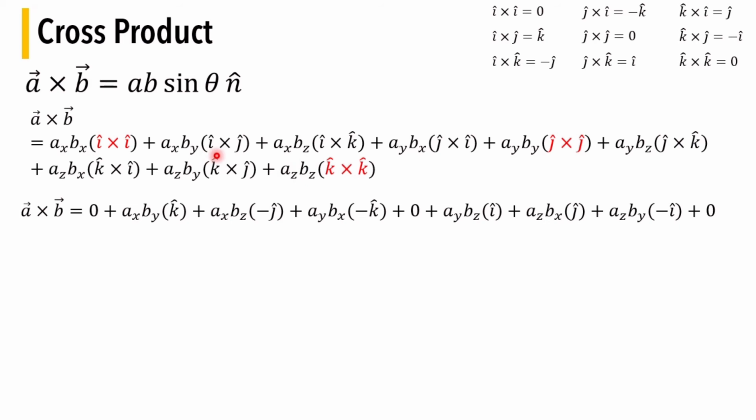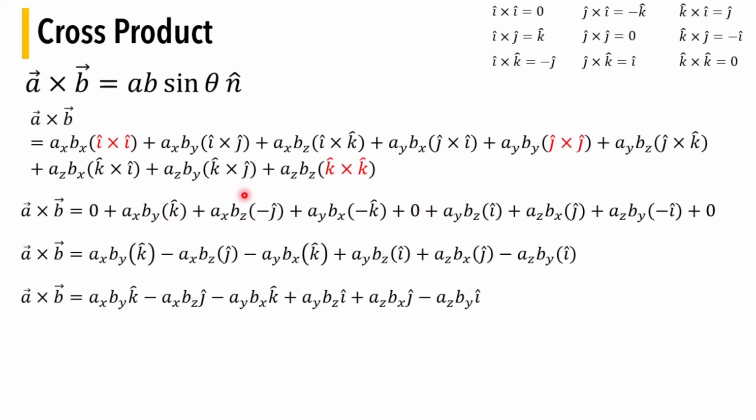Here i cross j is k, i cross k is minus j, j cross i is minus k, and j cross k is minus i, and like that. So after rearranging them, we get this. In this, you will see that some quantities are with the same unit vectors like k and k, j and j, i and i.